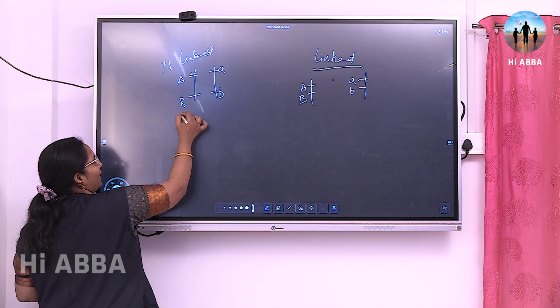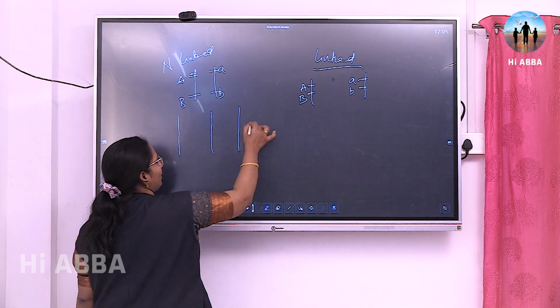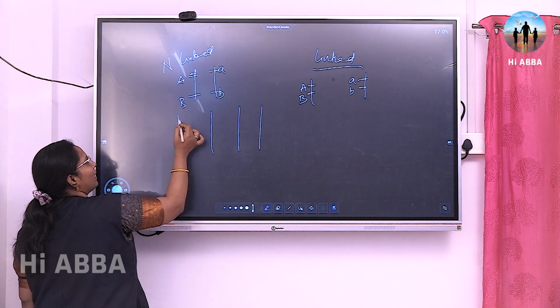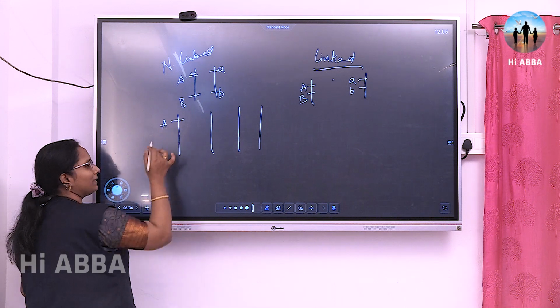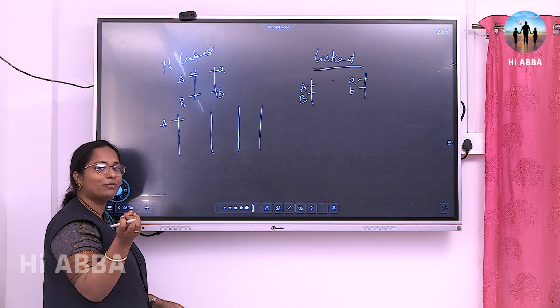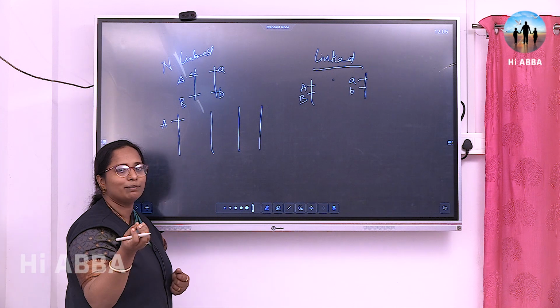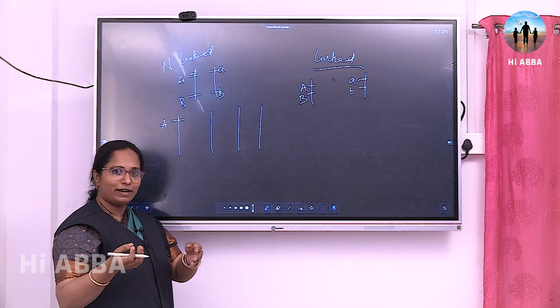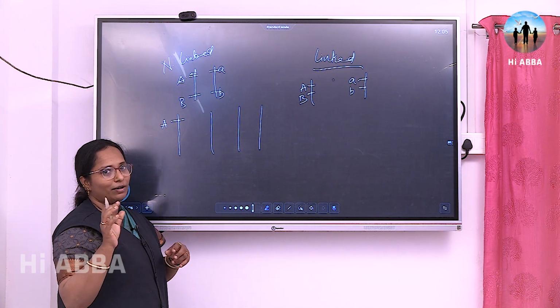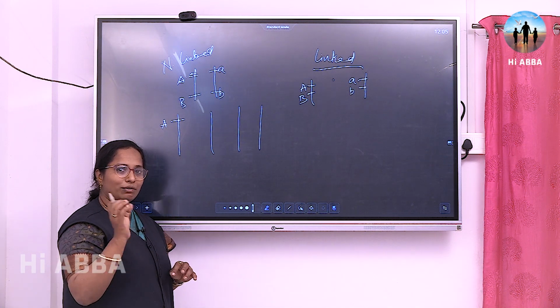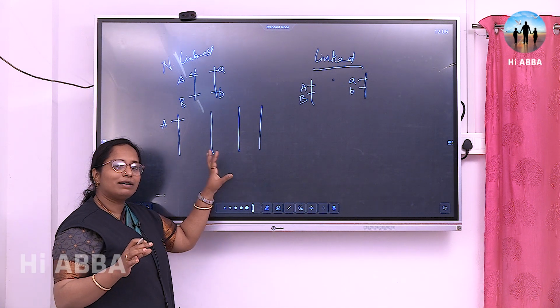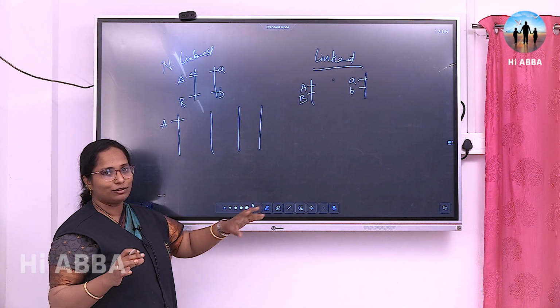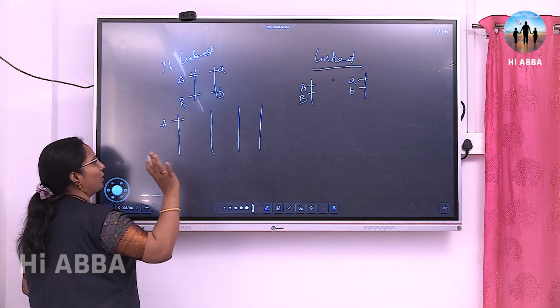We will take particular combinations. This was done with the wild type by Morgan in the fruit fly, Drosophila melanogaster. We already have that picture in the textbook, but for your easy understanding we will make it like this so you can understand the percentages of recombination.